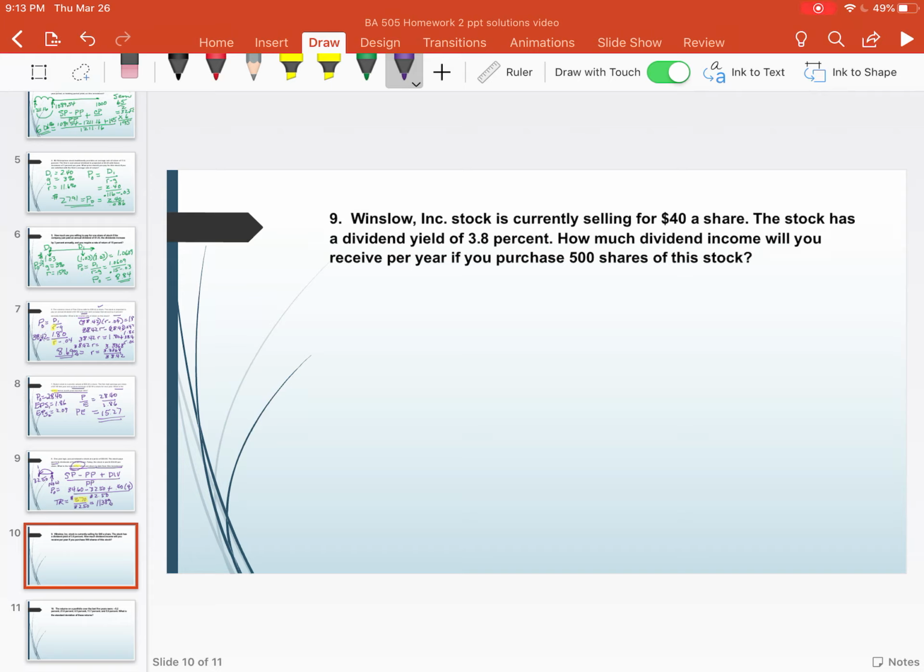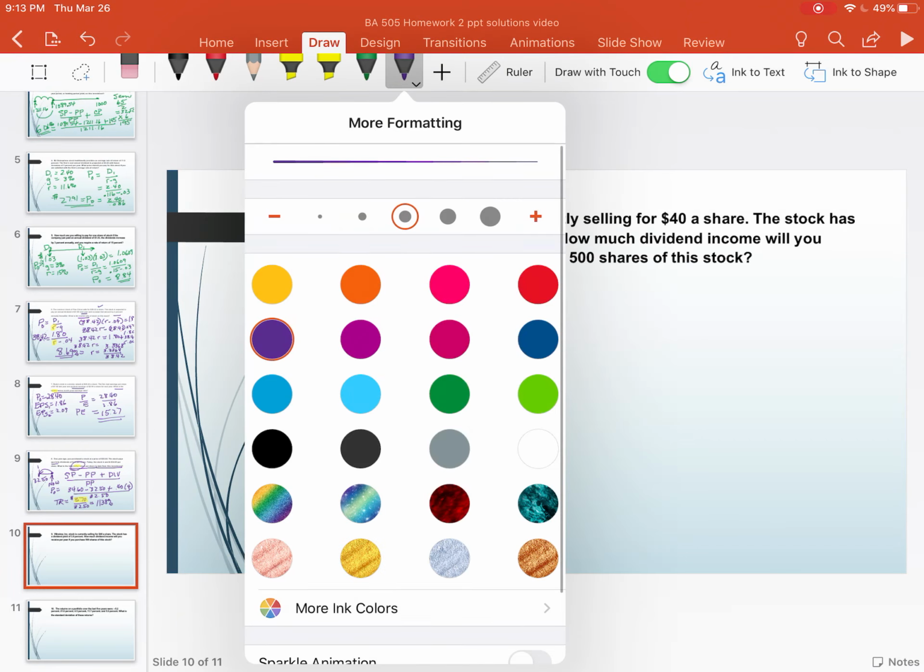Winslow Inc. stock is currently selling for $40 a share, so that's the initial purchase price. I'm tired of purple, let me change this to the dark blue here.